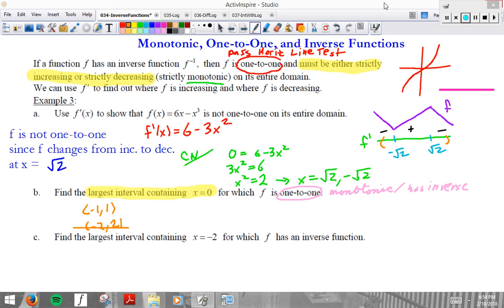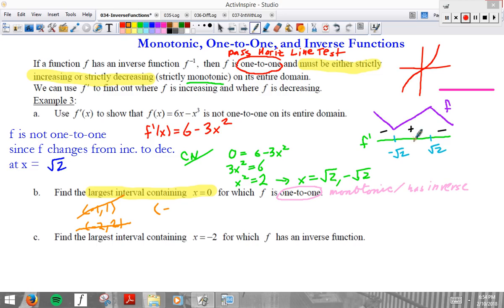So that's a bad answer. So we want a place where f is always increasing or always decreasing.